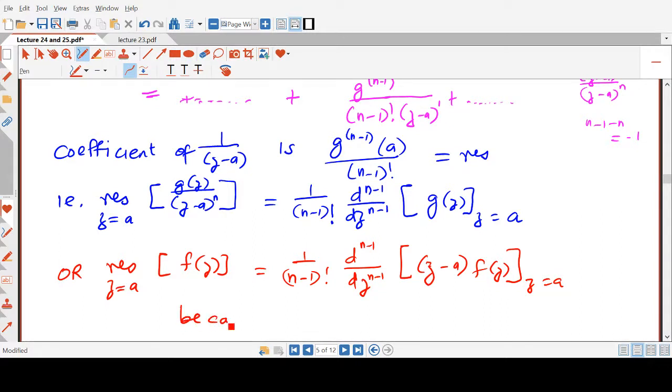Because g is actually z minus a to the power n times f of z. But focus on this form here. That's better. It's easier to follow. Let's stop there.